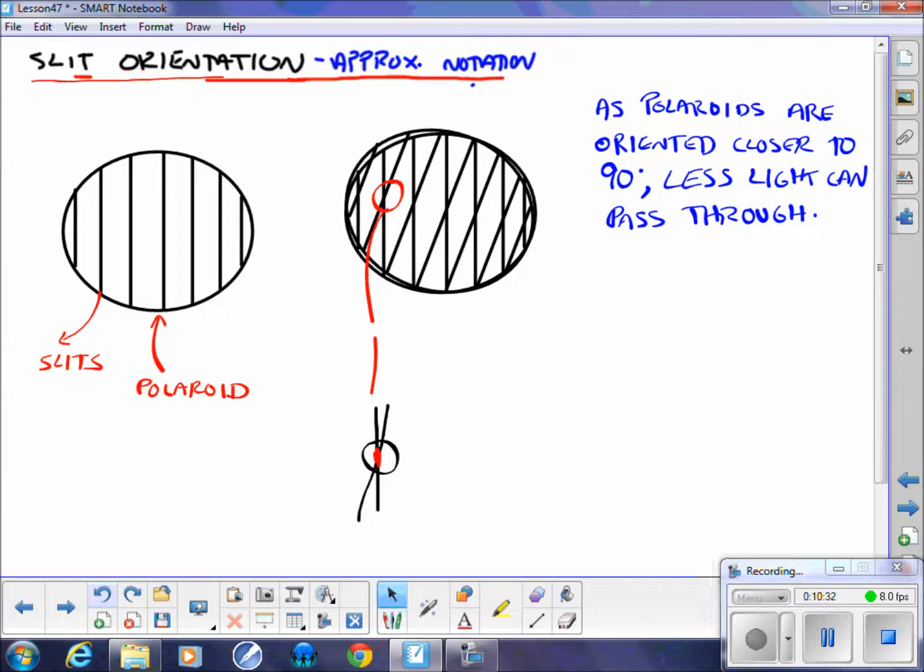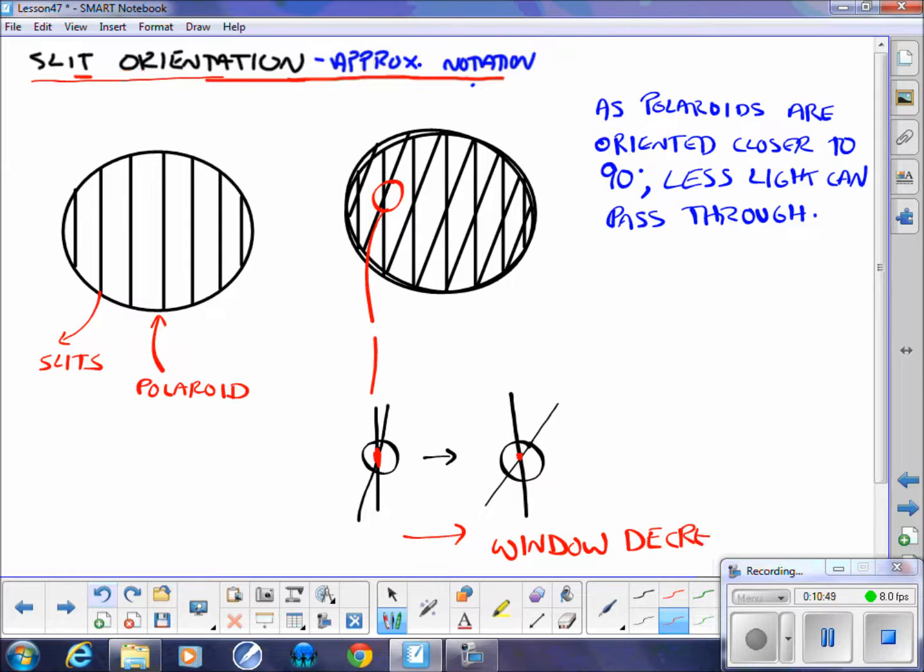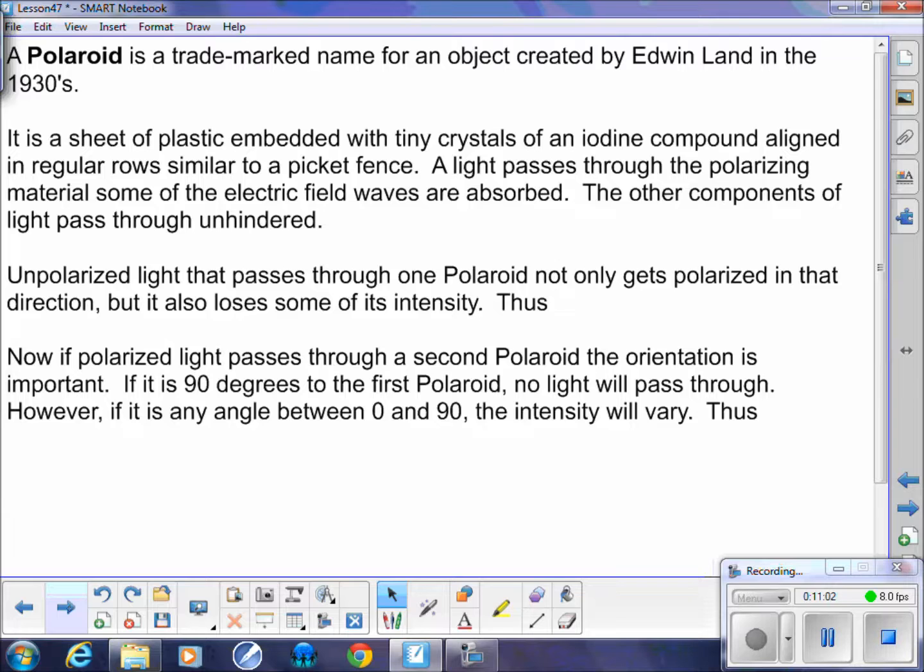As you twist that line further and further apart, that cross section becomes smaller and smaller. So the window decreases in size. So less light is able to pass through as that window of opportunity decreases. All right? So Polaroid.